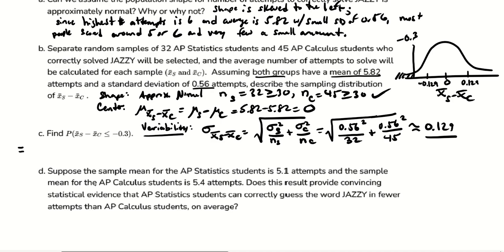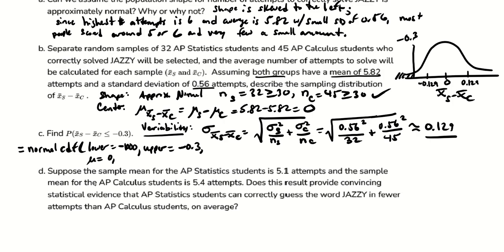So it's normal CDF, lower equals negative 1,000 or negative infinity, upper is equal to negative 0.3, the mean is 0, standard deviation is 0.129. And now you get about 0.0100 approximately.